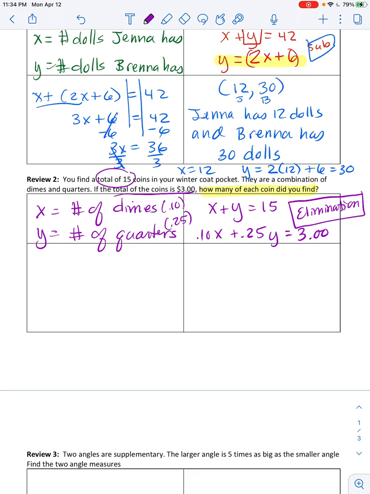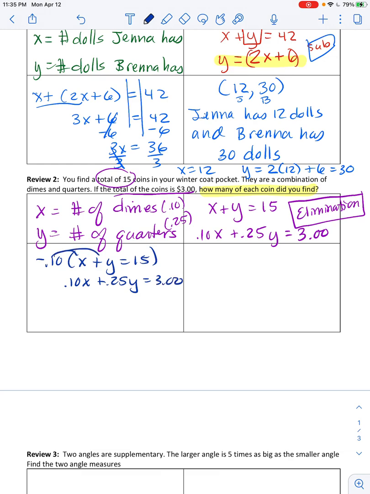What I would likely do is go through and multiply this top row by negative 0.10. Why? Well, because I'm going to try to eliminate a positive 0.10 on the bottom equation.